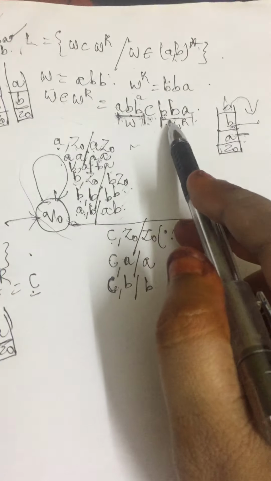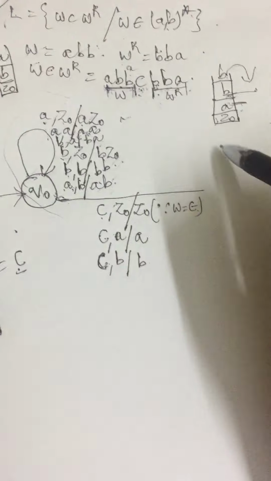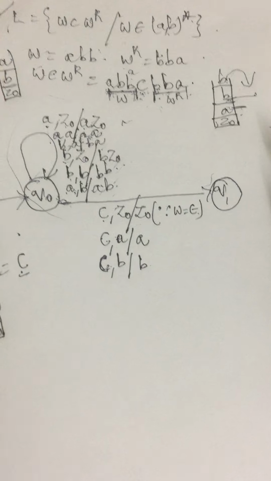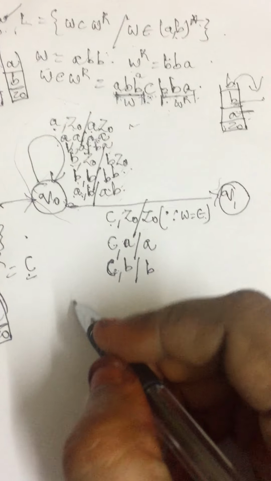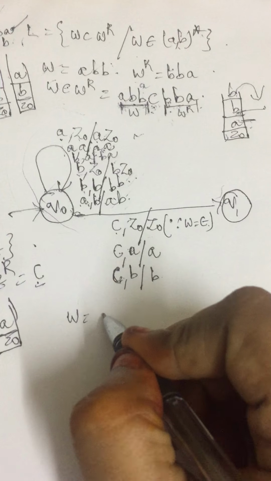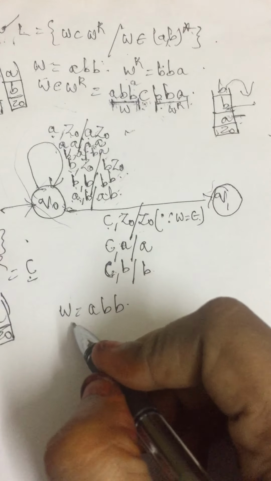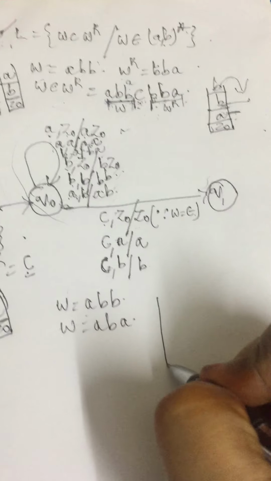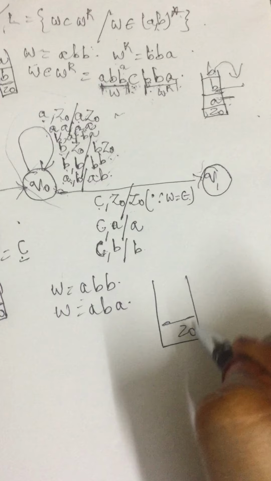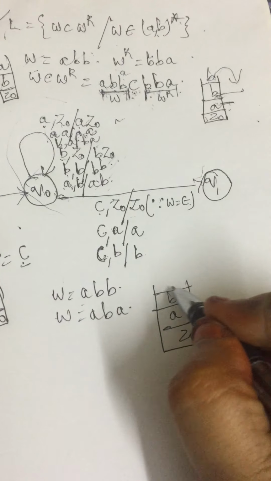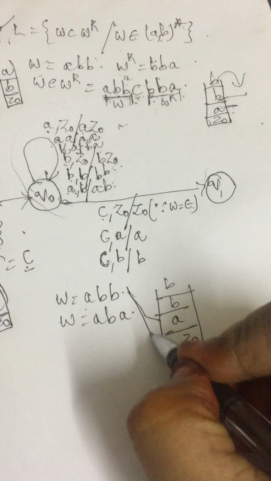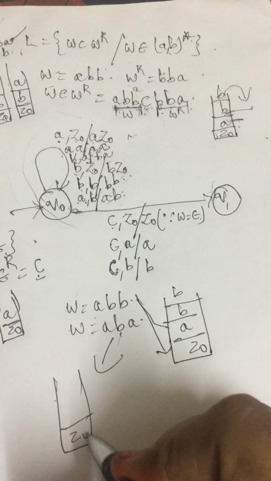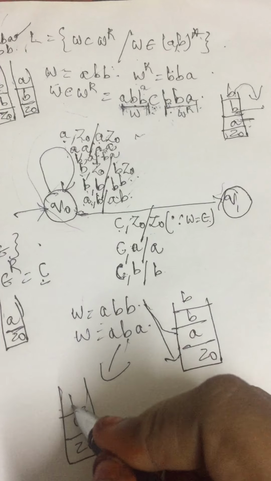And now we are coming to the WR part. In the WR part, if we observe here, take W equal to ABB or W equal to ABA. W in the sense we are going to push it: ABB, this stack is this one, and for this ABA.